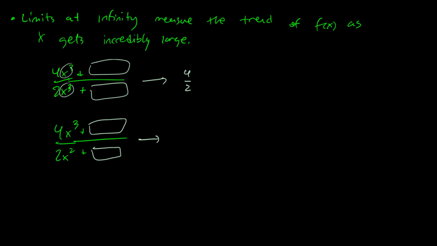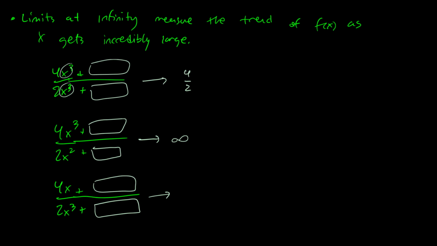The numerator is outpacing the denominator. You're going to end up going to infinity. If I had something like this, where I have 4x over 2x cubed, now what's going on? The numerator is growing to infinity, but not as fast as the denominator is, right? Because again, a billion cubed is so much larger than a billion. So in this case, the denominator is growing faster, and we trend to 0.